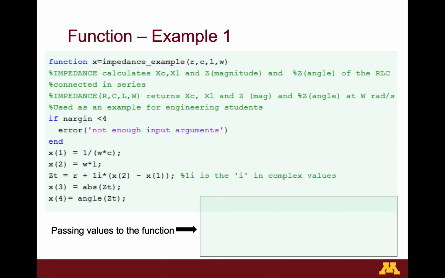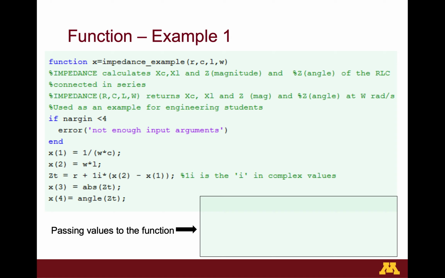Inputs are R, C, L, and W. Here, the output x is in fact a vector, which contains x1, x2, x3, and x4. The requirement for this example problem is to return XC, XL, the magnitude of Z, and the angle of Z. So these 4 elements will be saved in the x vector.